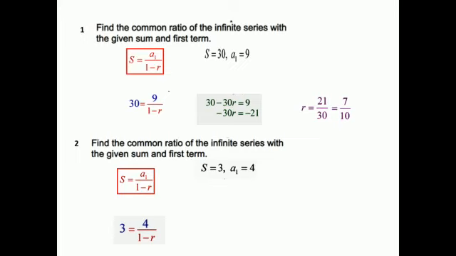First multiply 1 minus r by 3. So both the numbers, you have to multiply 1 and r. So you will get 3 minus 3r is equal to 4. Okay. So minus 3r is equal to 1. r is equal to minus 1 by 3.